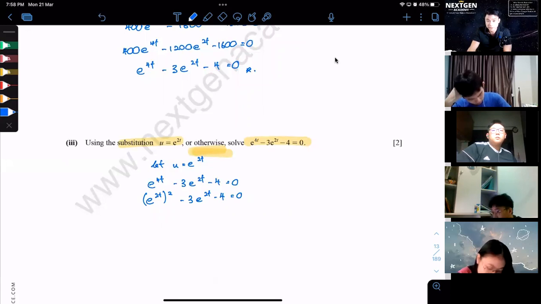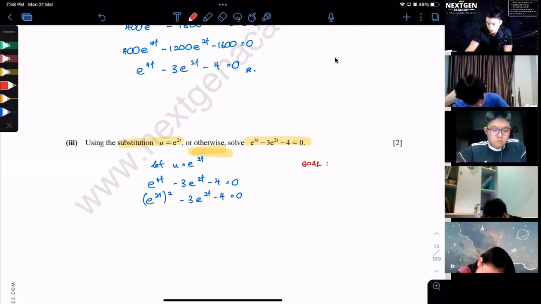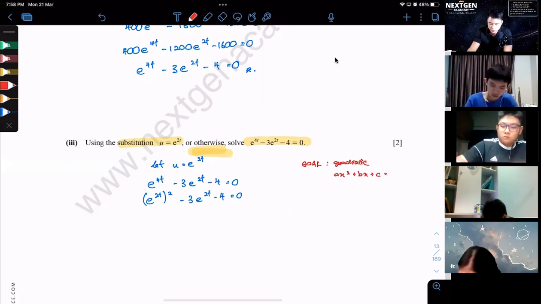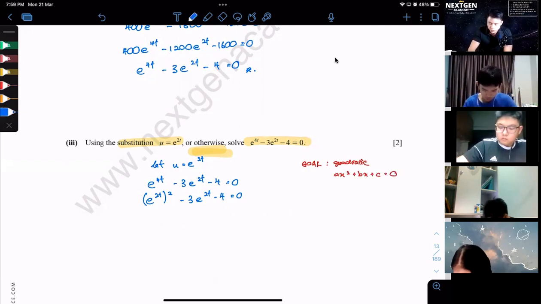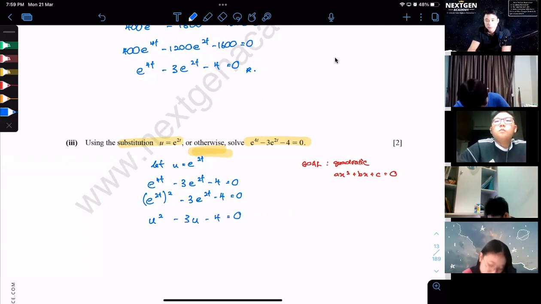Why do I want to write it like this? My goal for this is to convert to a quadratic, that means some form of ax squared plus bx plus c equals 0. So we let u equals e to the power of 2t. I can make it like this: u squared minus 3u minus 4 equals 0.